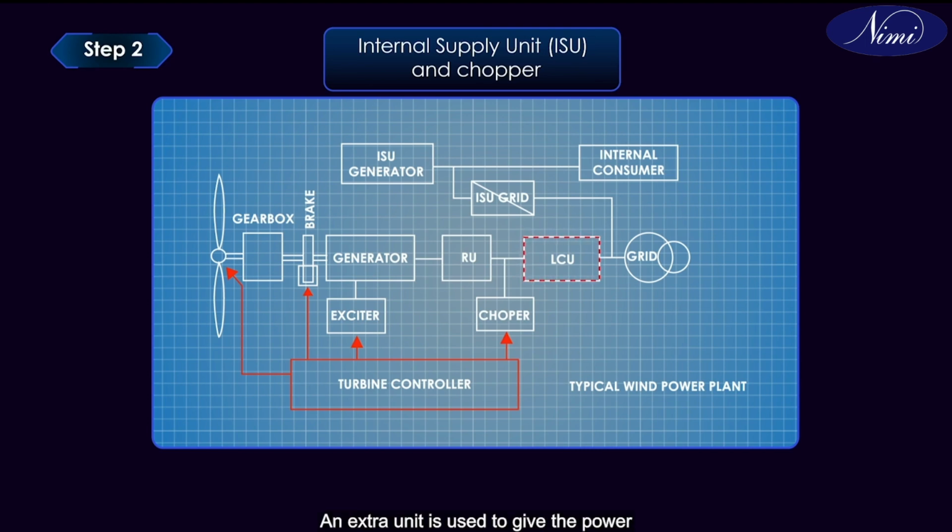An extra unit is used to give power to internal auxiliaries of the wind turbine like motor, battery, etc. This is called the internal supply unit. ISU can take the power from the grid as well as from wind. Chopper is used to dissipate extra energy from the rectifier unit, RU, for safety purposes.